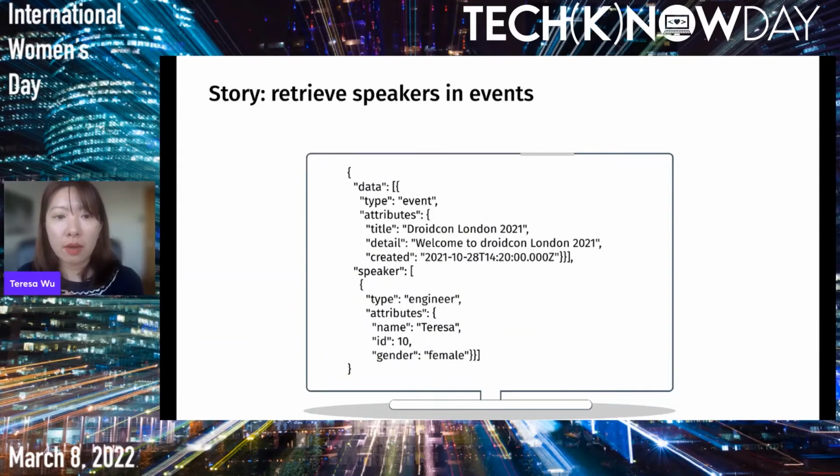Let's say in this example, this is a story we're going to implement: we want to retrieve the speaker information in events. Usually, if your backend team gives you this API and says, just use it, as a front-end engineer you should look at it and ask, does this actually give me more efficiency?